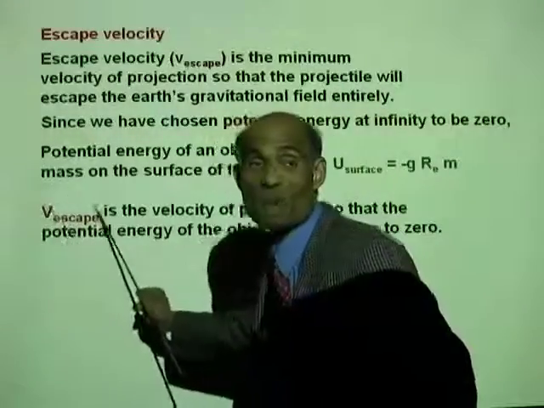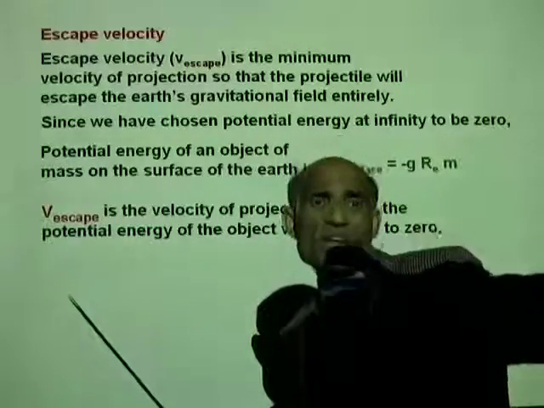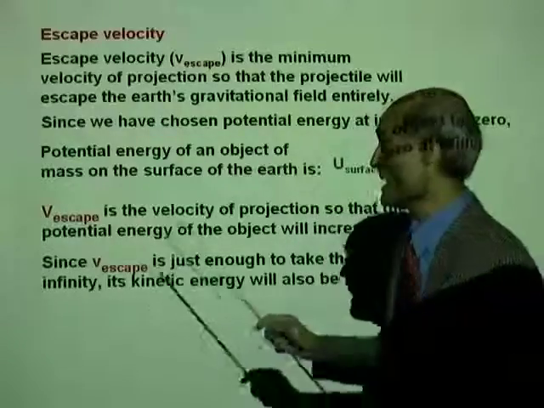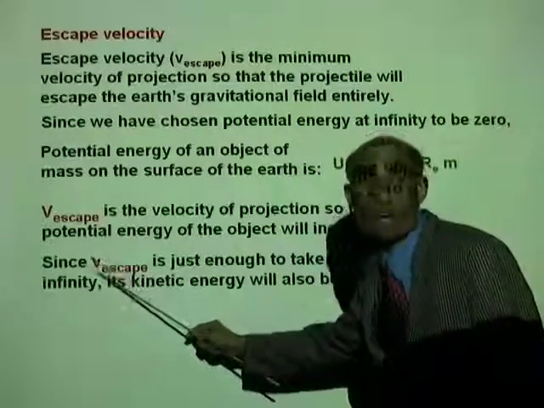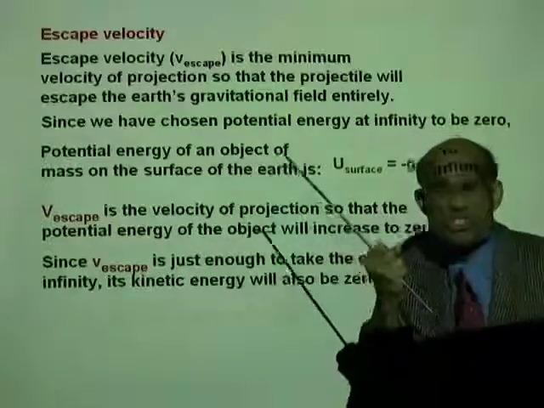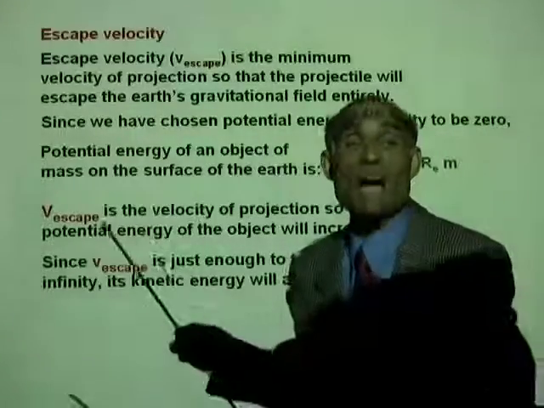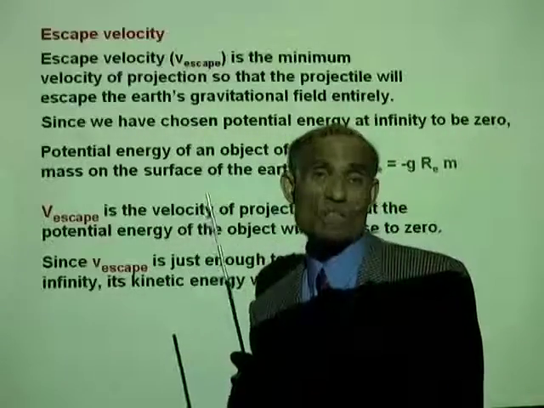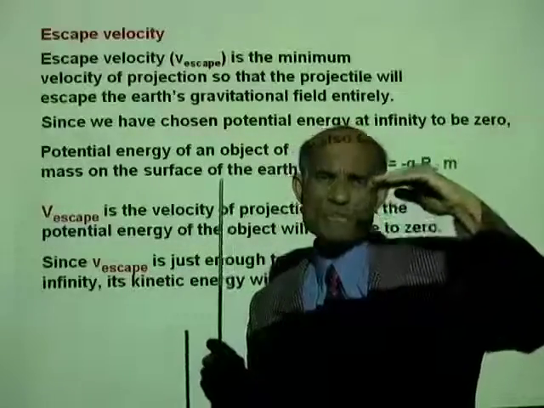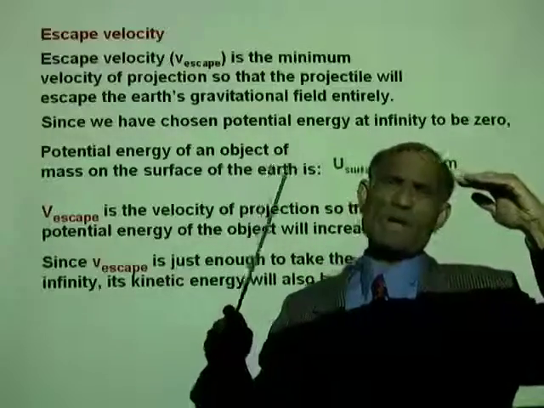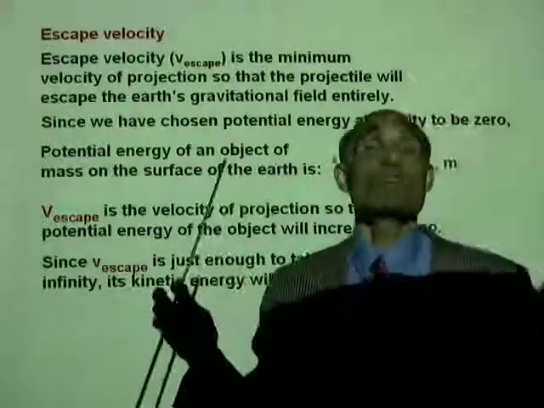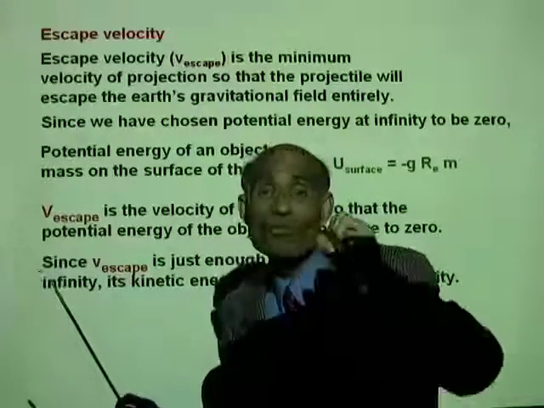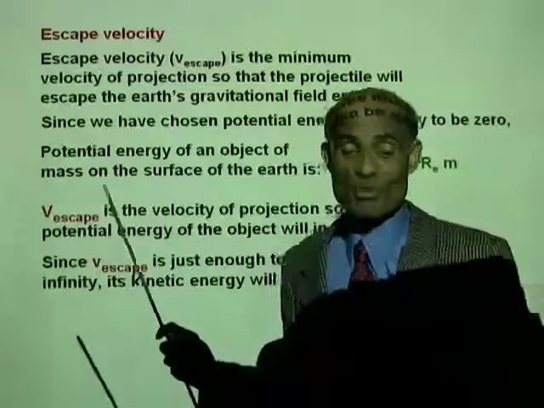If you project an object with that velocity so that the object escapes the Earth's gravitational field, then this velocity V escape is just enough to take the object out of the potential well. So you give the object that velocity, the object just comes out of the well and stops. That means its velocity will be reduced to zero. This velocity is just enough for it to escape the potential well.